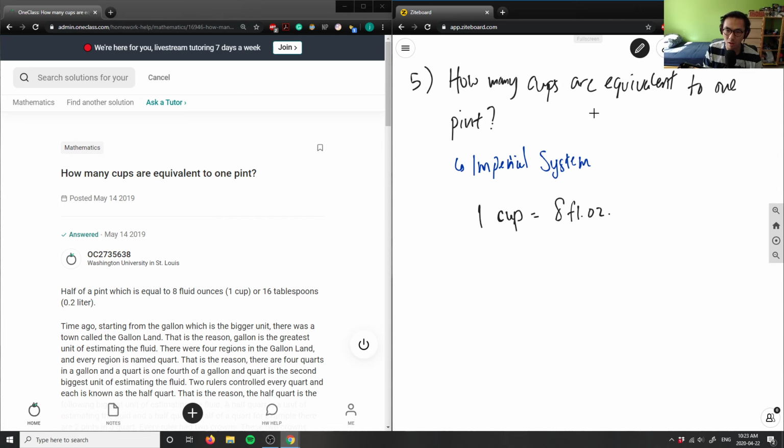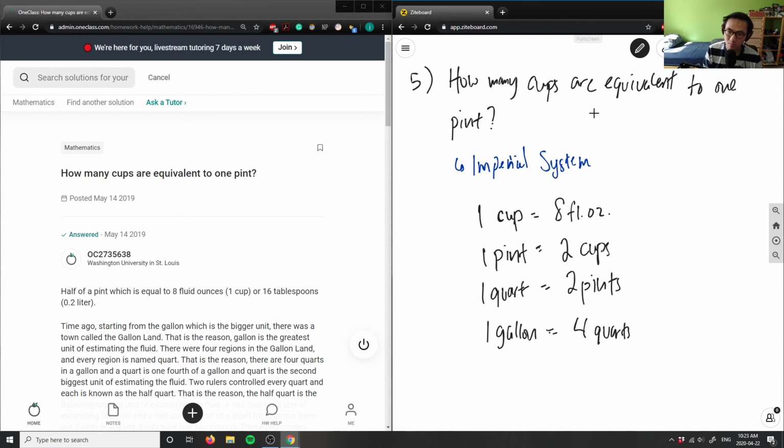We know that 1 pint equals 2 cups, 1 quart equals 2 pints, and 1 gallon equals 4 quarts. So we know all of these empirical measurements for volume.